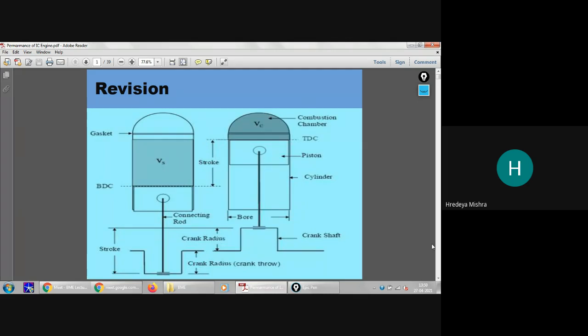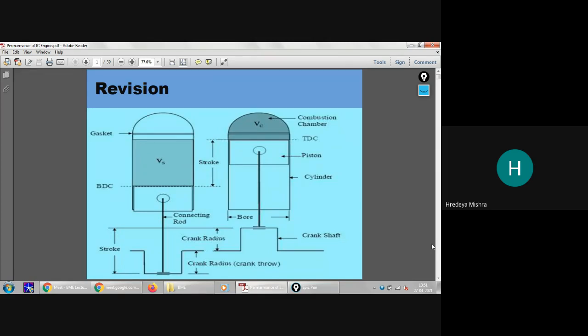The main important thing is mechanical efficiency, because whatever the power is generated through the power stroke in the IC engine, not all the power is utilized by moving the mechanical parts.